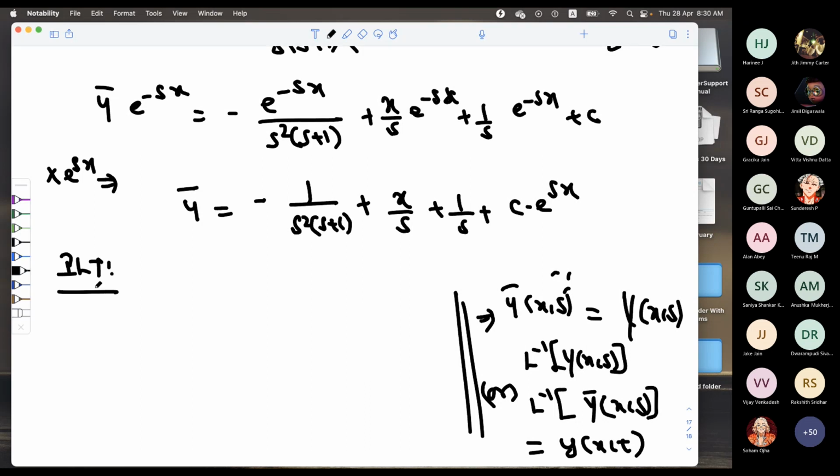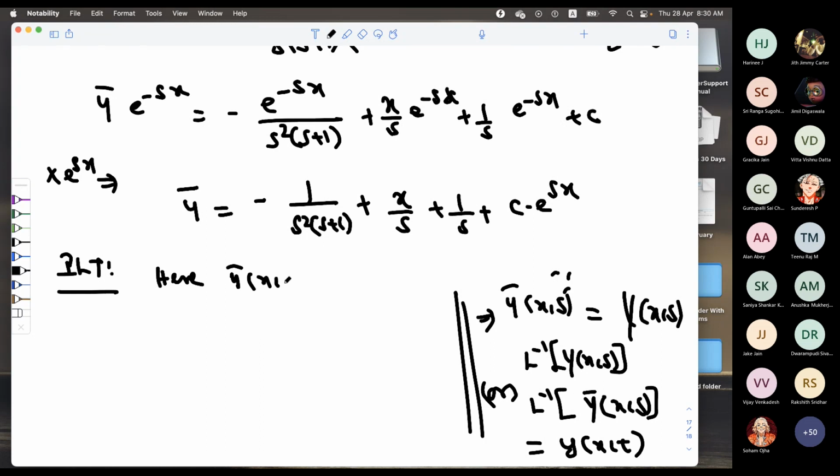Here, since we require the bounded solution, it follows that this y of x comma t should be bounded for all x and t. Hence this y bar of x comma s should be bounded.